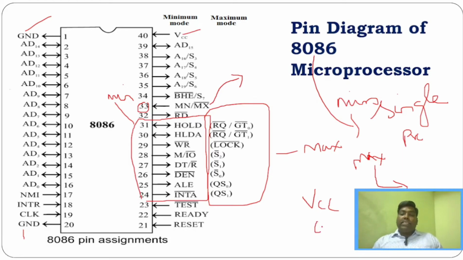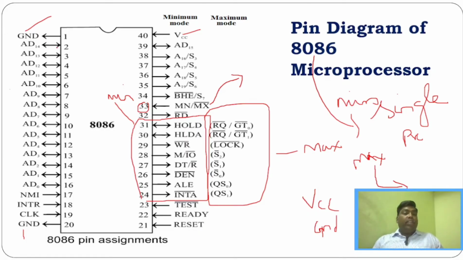And whenever it is connected to ground, it will work in maximum mode. In minimum mode it acts as a single processor, whereas in maximum mode it acts as a co-processor, that is, it works in a multi-processor environment. That is the very first thing you have to explain in this pin diagram.